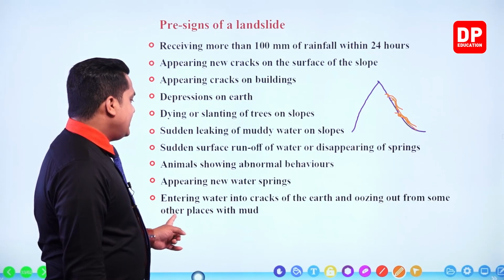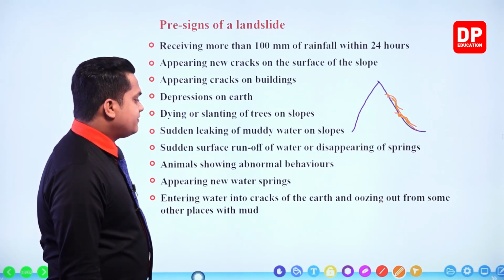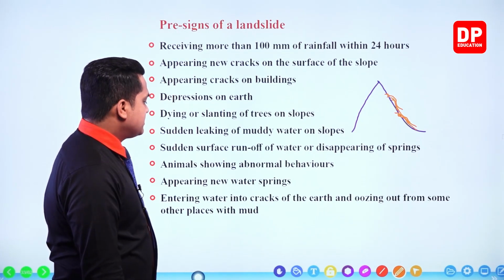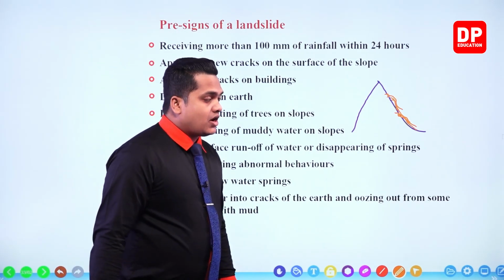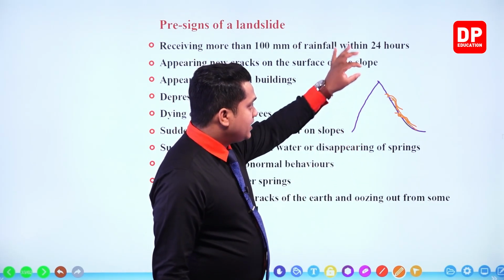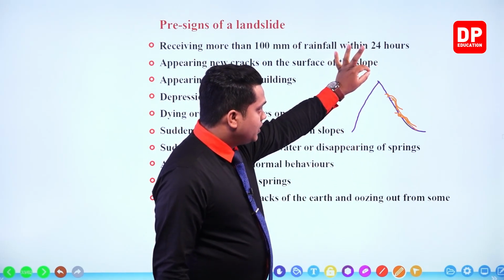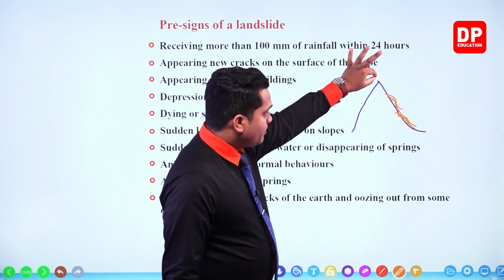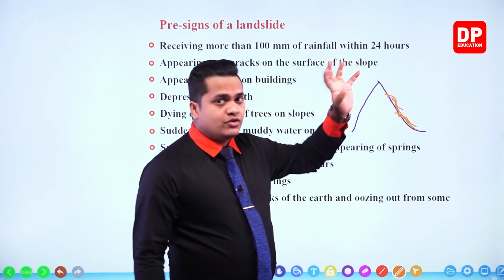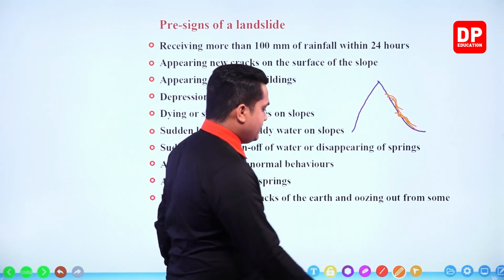Then entering water into cracks of the earth and oozing out from some other places with mud. Now the next one is like this. Let's imagine that the water stream which is coming from the top of the mountain is going to come up to here and disappear, like this.